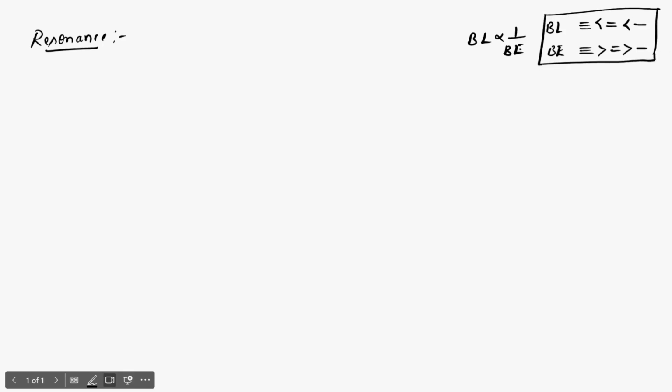Let us take an example, nitromethane, that is CH3NO2. If you write the structure of nitromethane, CH3 is bonded to nitrogen, N double bond O and N single bond O. Here, the nitrogen will have a positive charge because of 4 bonded pairs.